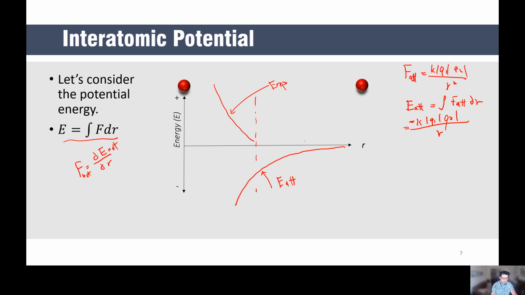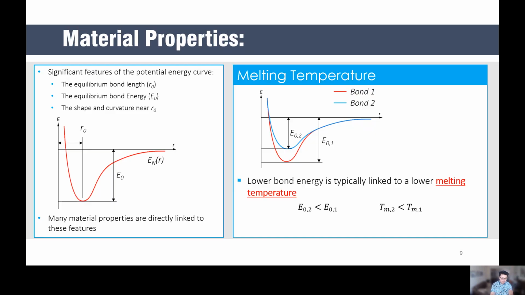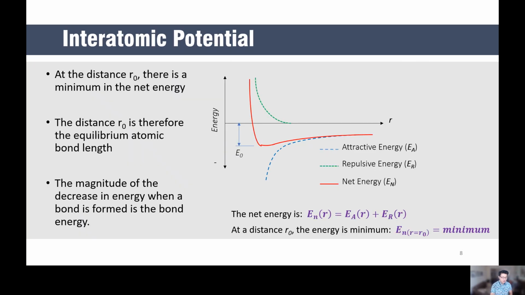And with this, we can start thinking about the net energy, and the net energy looks like this. The attraction is the blue curve, the repulsion is the green curve, and the net is the red curve.